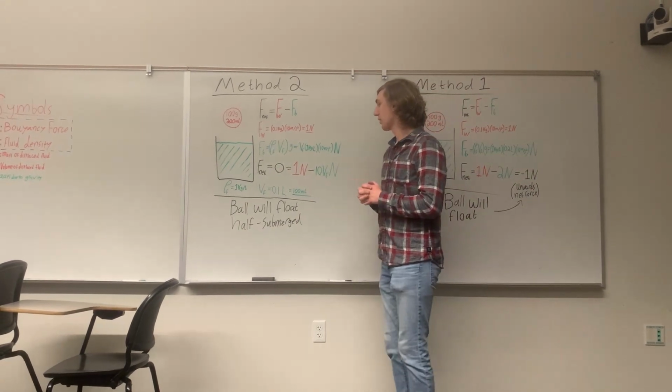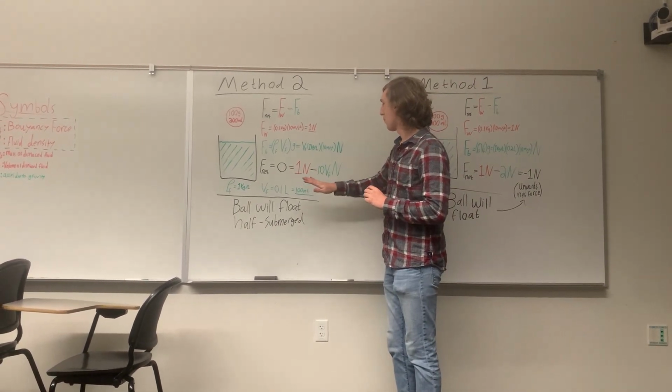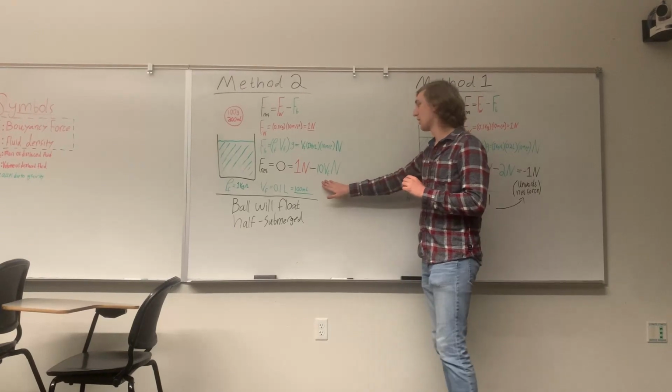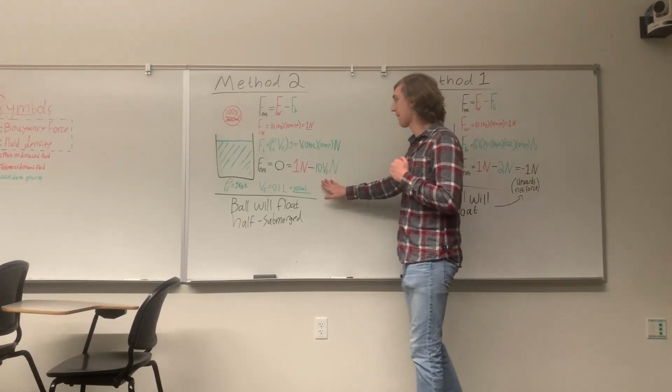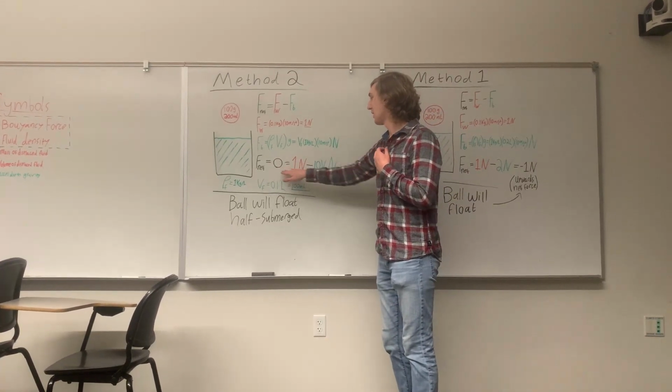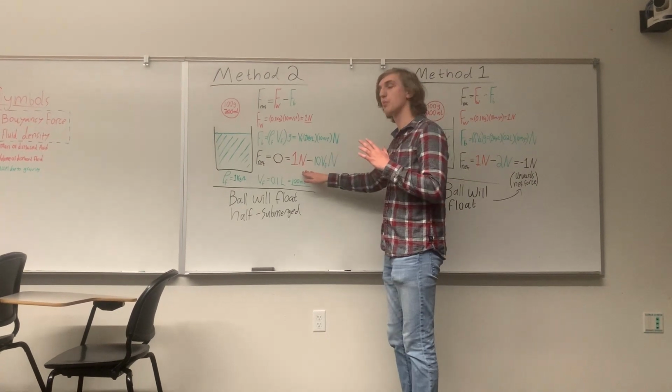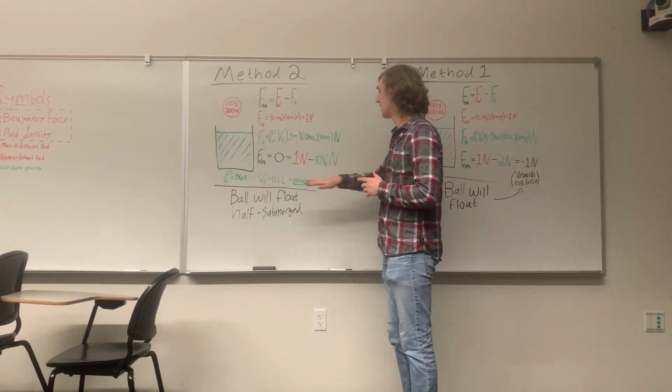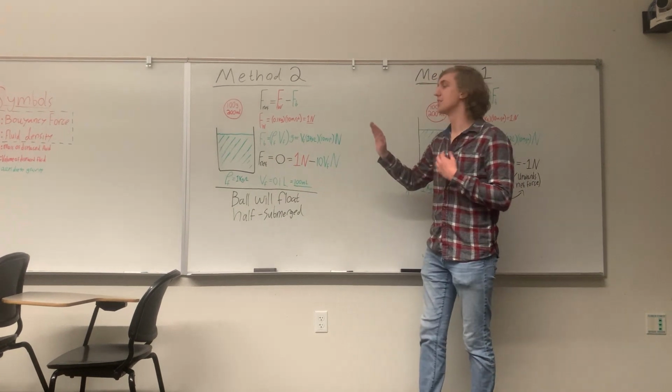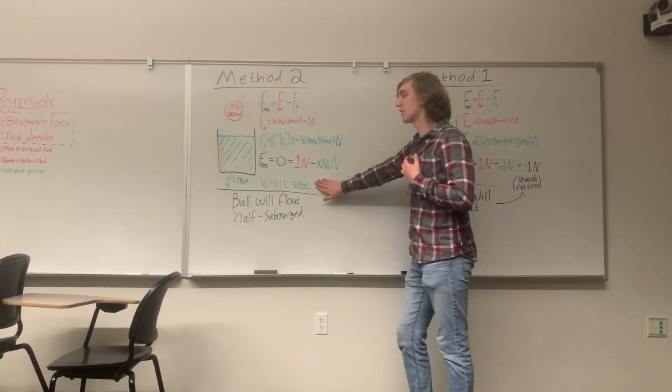So next, we solve for the volume of displaced fluid by the ball. It's pretty simple here: 0 equals 1 minus 10 times V. The volume of displaced fluid is 0.1 liters or 100 milliliters.